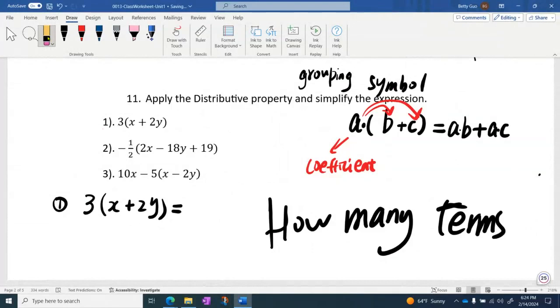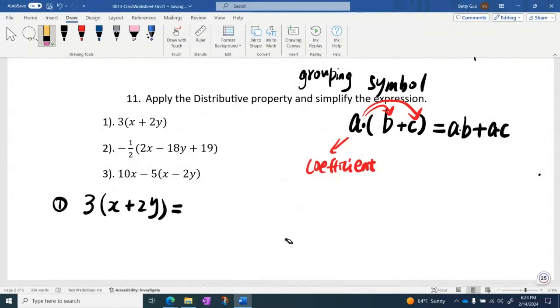Remember, if in a group we have two terms before you apply the distributive property, then after you apply the distributive property to remove the parentheses, we should still have two terms. The number of terms will remain the same before and after applying the distributive property.